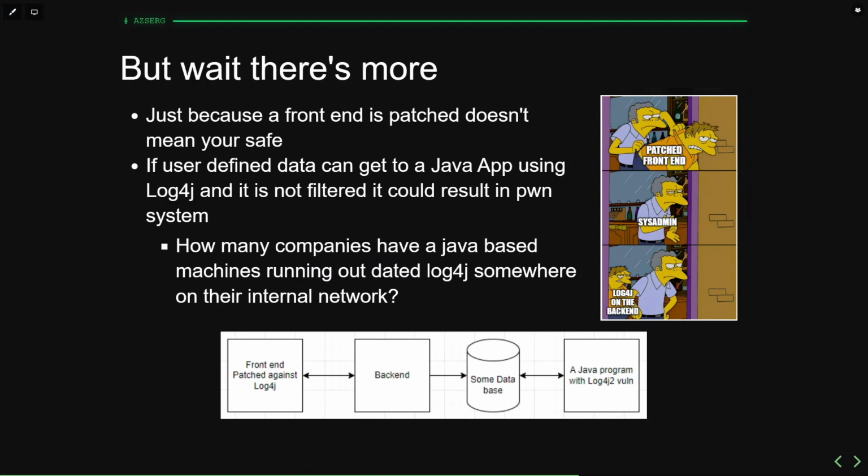The example I give down here is there's a front end that has Log4j, doesn't matter, but it parses your data, throws it in some backend database, and there your string sits. Maybe the company runs an audit with some Java program every 6 months or so, and that Java program goes through the entire database. If you have a Log4j vulnerability, we can pop the execution, assuming it has access to the internet, and we could have little time bombs hiding out throughout a network.